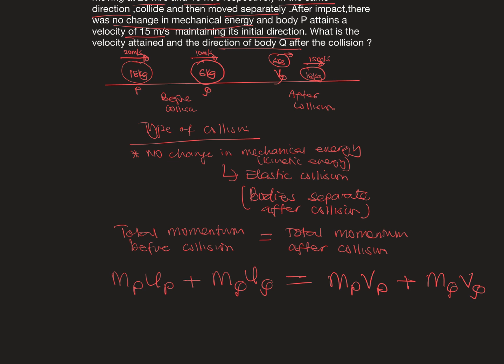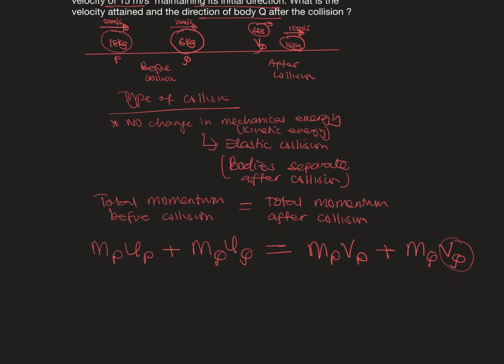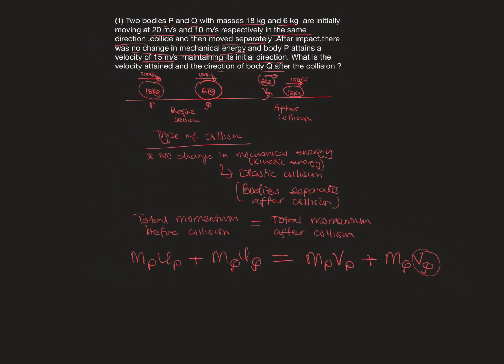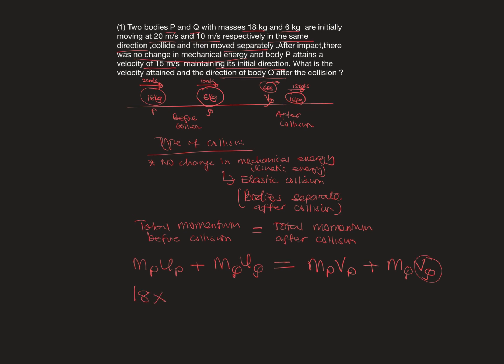The question is asking us to find the final velocity of Q and also state the direction of Q after the collision. If I should substitute the values, the mass of P is 18 multiplied by the initial velocity, 20, plus the mass of Q, 6, multiplied by the initial velocity, 10.